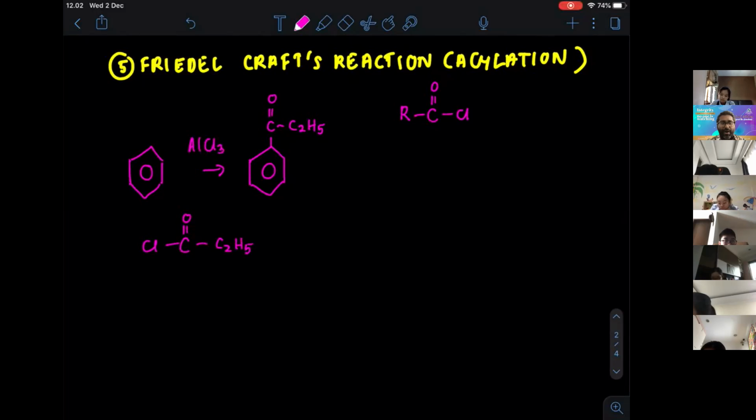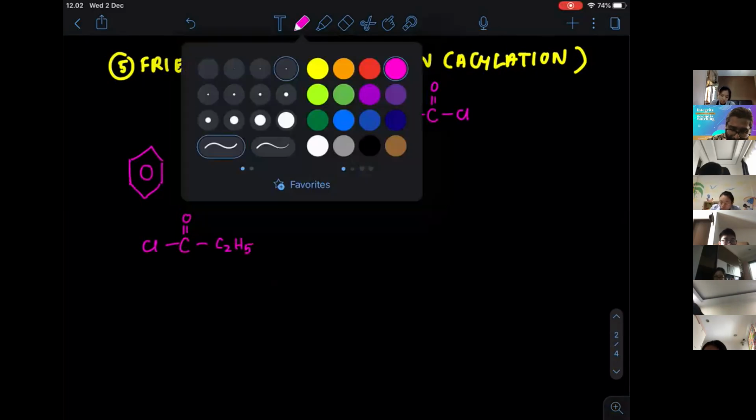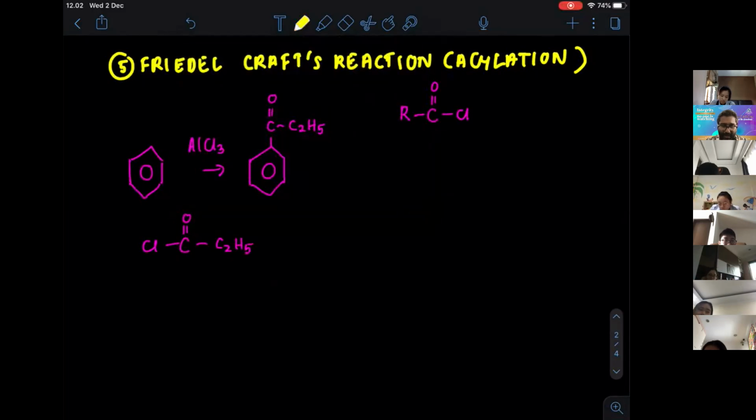So you are going to have this acyl chloride. What is going to happen? The first thing is that the electrons are going to be pulled closer towards the Cl. So again, delta negative, delta positive.